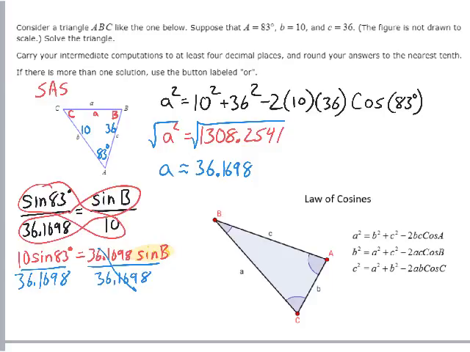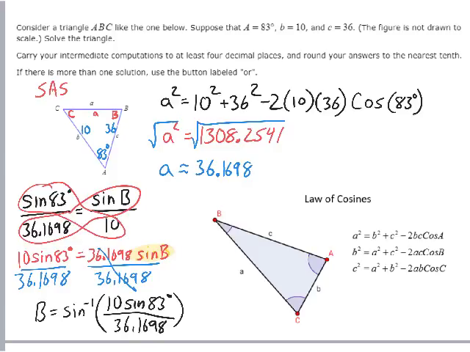All right. Now, how do I get B? Well, isn't angle B going to be the inverse sine of, to solve for B, isn't it going to be the inverse sine of all of this? So what we have here is 10 sine of 83 degrees over 36.1698.